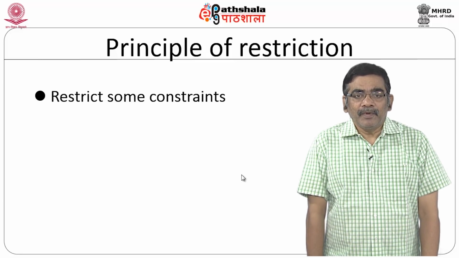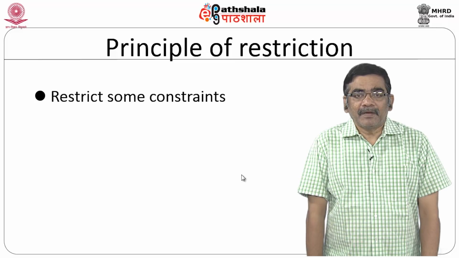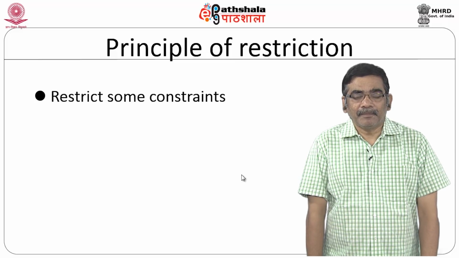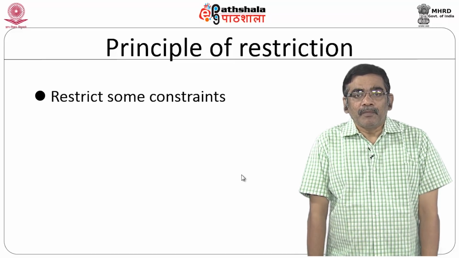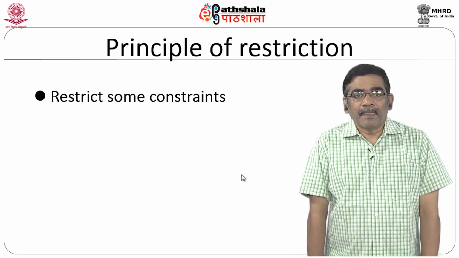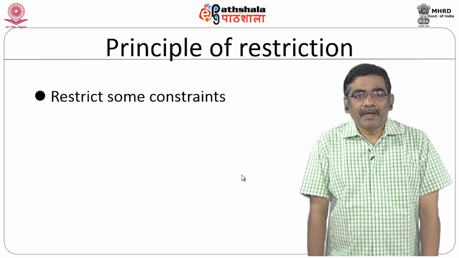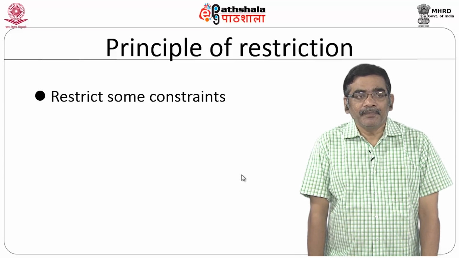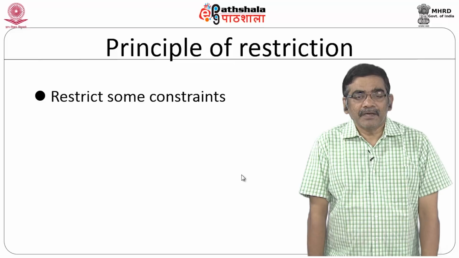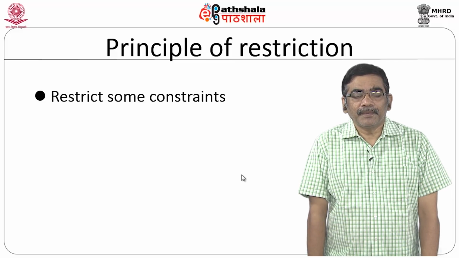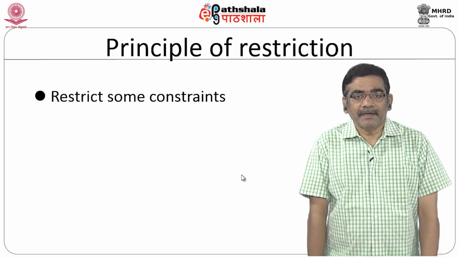We will take one simple problem, the traveling salesperson problem or traveling salesman problem. Both are the same. What is the problem? We have to start from a city, then visit all other cities only once, and then come back to the original city.